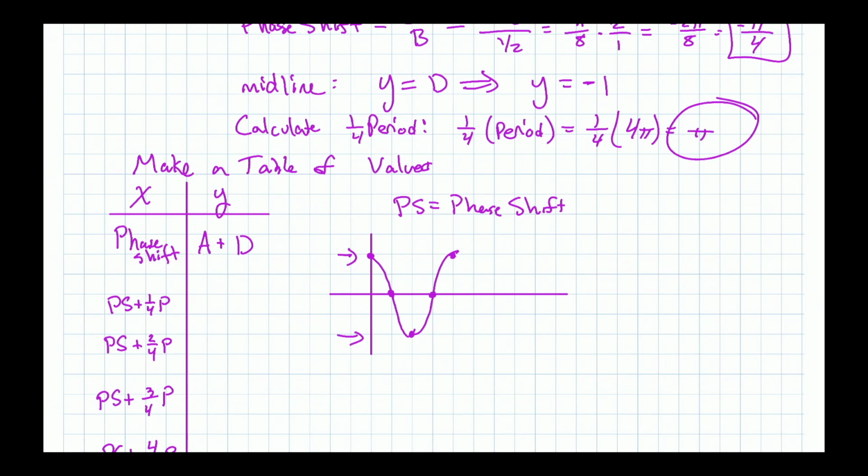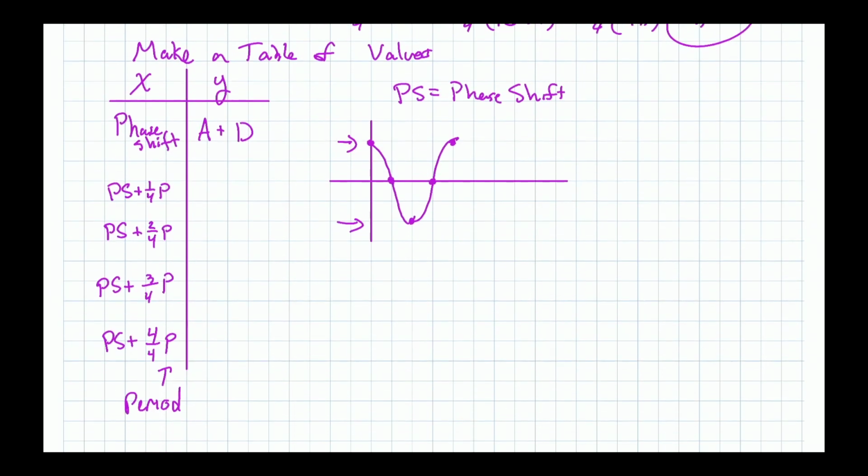Okay, so whatever the A and the D are. And there's no absolute value there. I'm not talking about the amplitude. It's A plus the D, the actual numbers. Okay, then so that's going to be the equivalent of this point right here, this first point. Now the next point is going to be the equivalent of this one. That means it's just going to be at the midline.